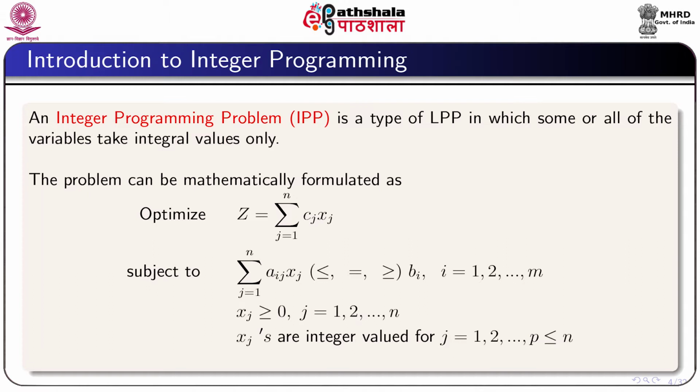Here xj's are integral values for j equal to 1 up to p say, where p is less than equal to n.